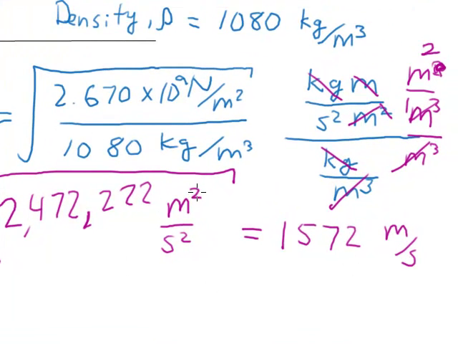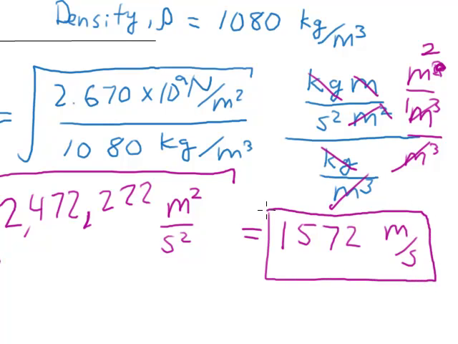When I take the square root of the units, the squared term goes from meters squared per second squared to just meters per second. And so the velocity of sound in muscle is approximately 1,572 meters per second.